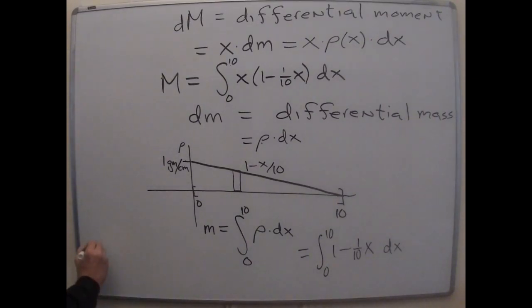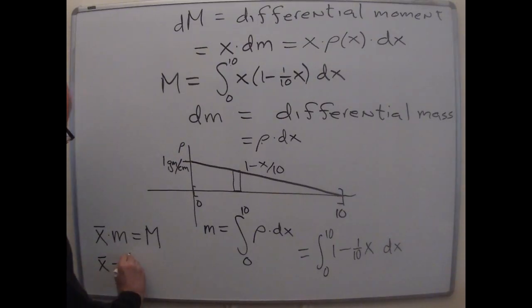What we're after in the end is that x bar times m should give us the total moment. That is, x bar times little m equals big M. Solving for x bar, it's just big M divided by little m. Total moment divided by total mass.